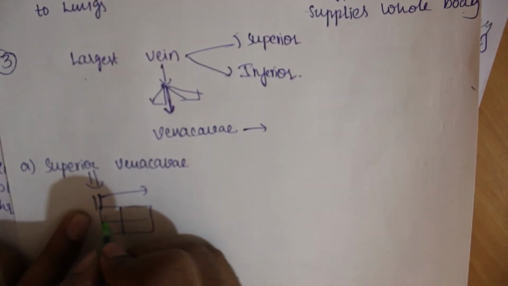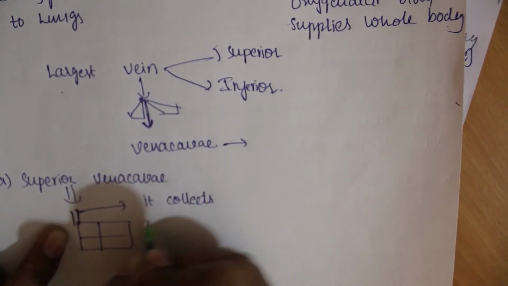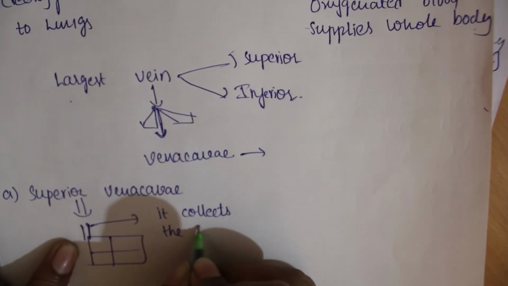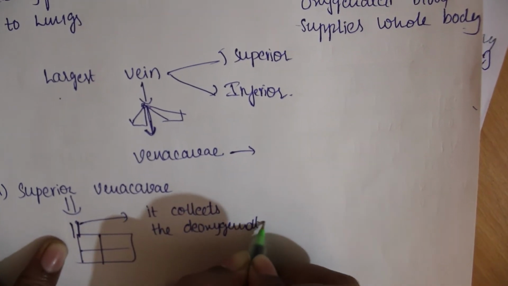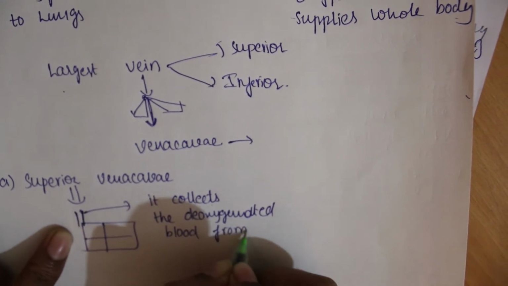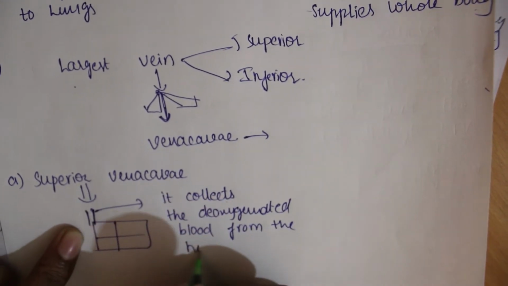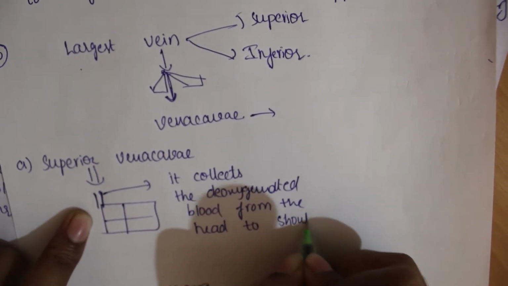Due to its presence, it collects the deoxygenated blood from the head to the shoulder part.